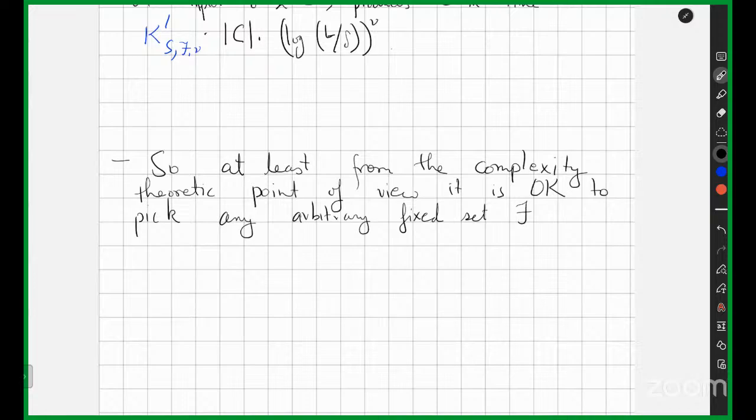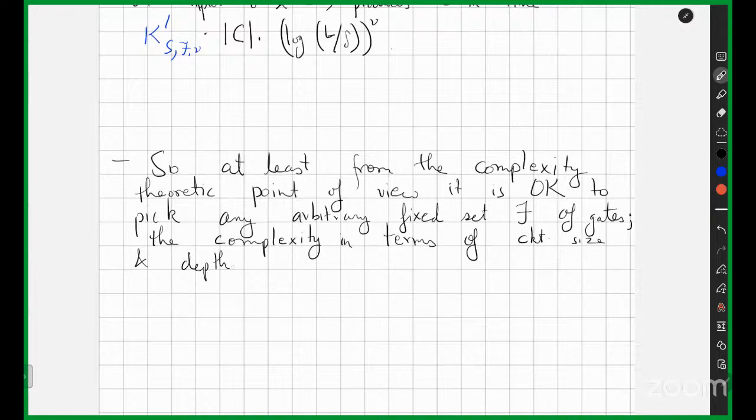That is important in the theorem. In terms of circuit size and depth, it can only change by polylogarithmic factors, because whatever L or D I had, I will only change it by a polylog of the size.